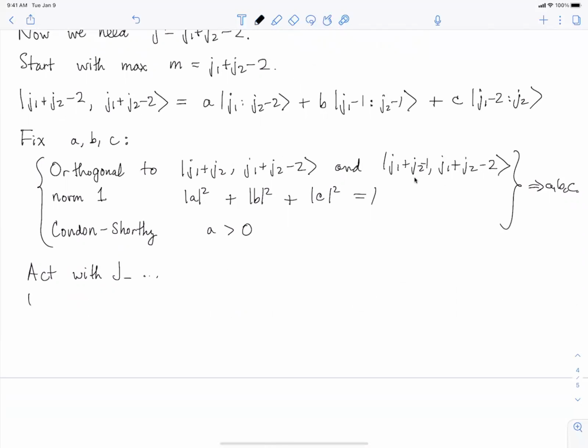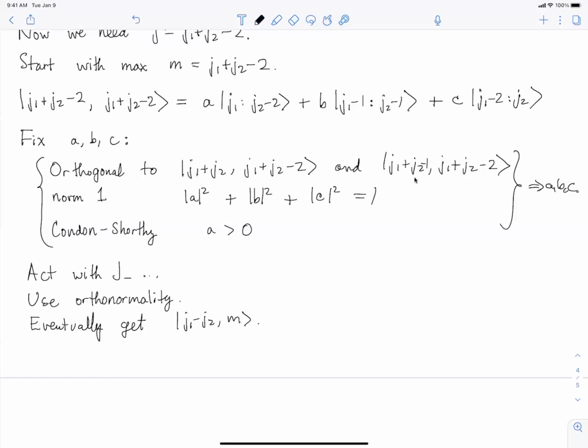Then you use orthonormality to get the next state with the next lowest value of J. And eventually, you will get the state J1 minus J2, M. I guess I don't need to put those in absolute value since I claimed that J1 was greater than or equal to J2. So I can just write it as J1 minus J2, M. So you get all those states.